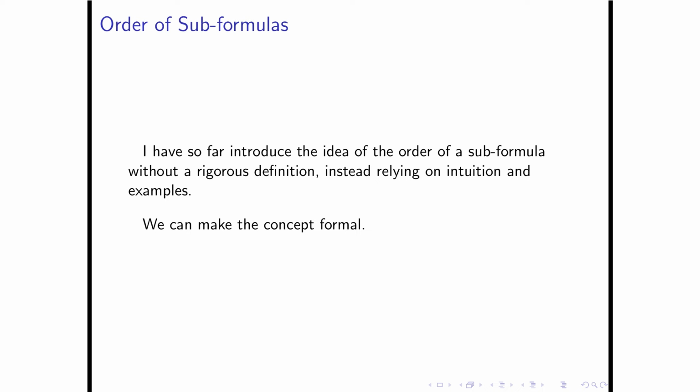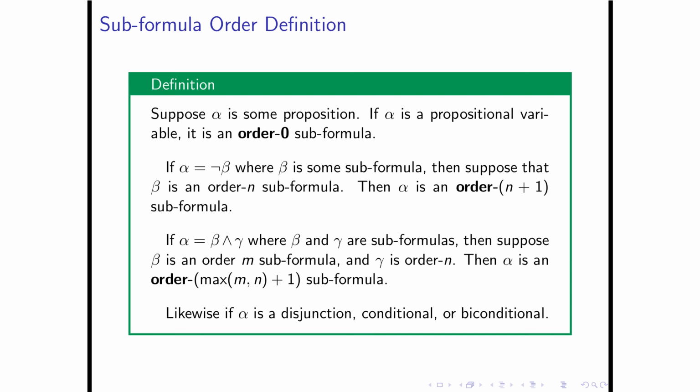Now, since we've done a couple of exercises, we could go ahead and state the rigorous formulation for what the order of a subformula is. And so here you have it. We take all propositional variables to have order 0. That's just by definition, right? That's what order 0 means.